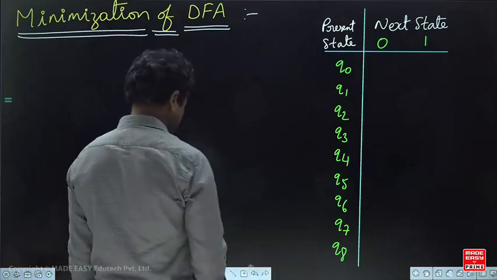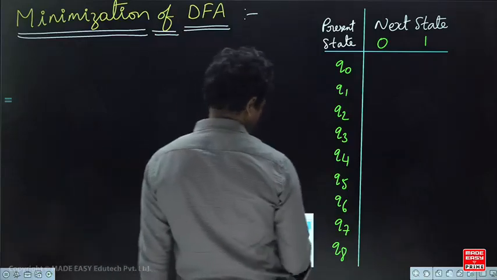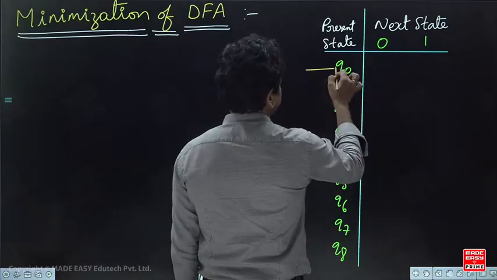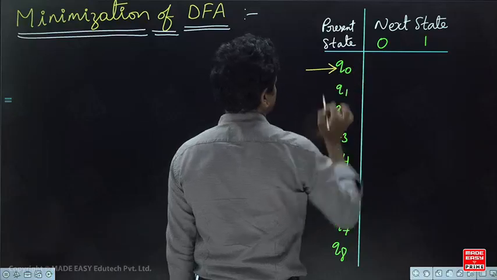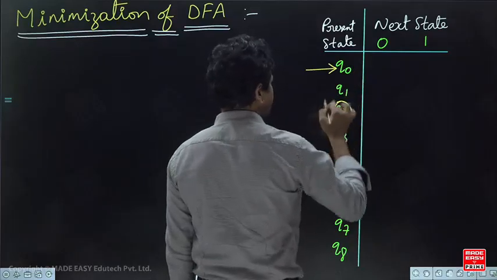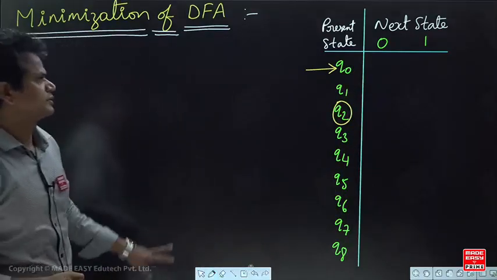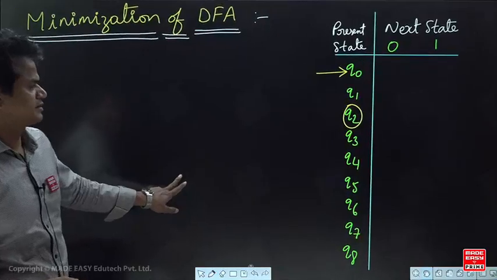Let Q0 be the initial and Q2 the final. So present state, next state.